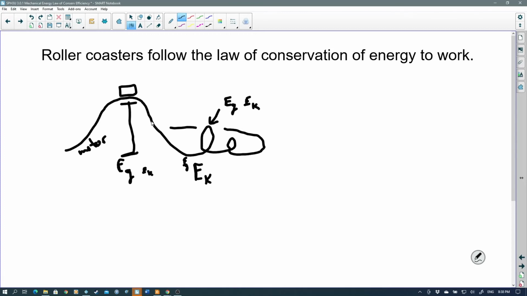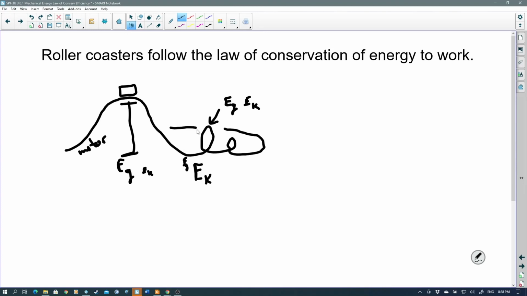Now, the roller coaster will be losing energy due to friction. So that is basically being lost as heat throughout the thing. So at some point, the roller coaster does have to stop. And that is why you need a motor to lift it back up the hill, right? Some roller coasters even have motors along the track to bring it up other hills because it doesn't have enough energy to do it itself.